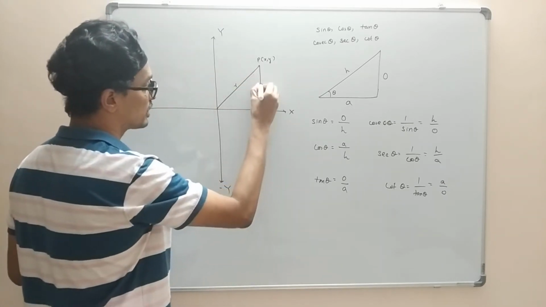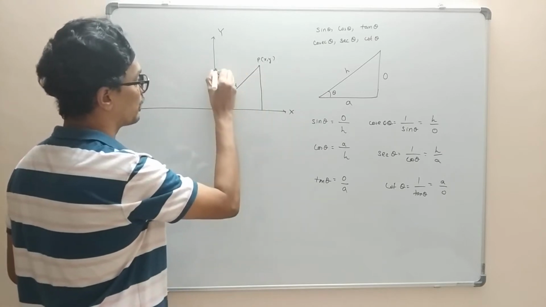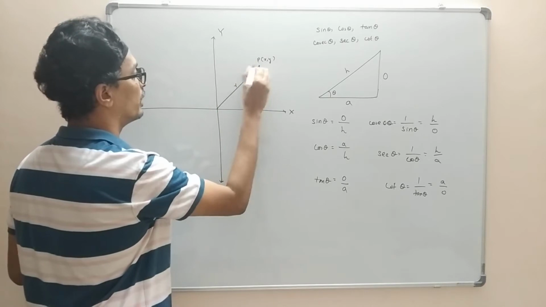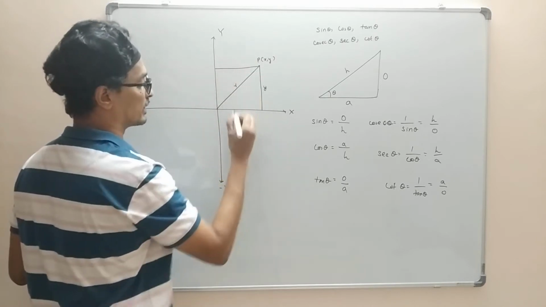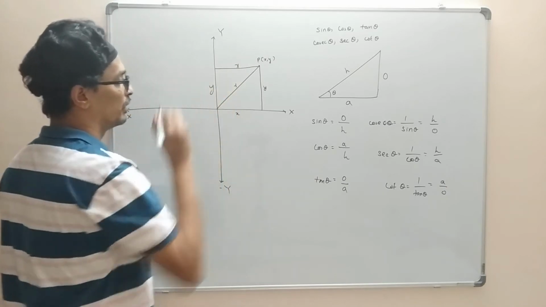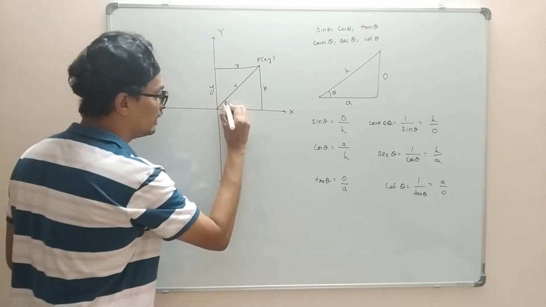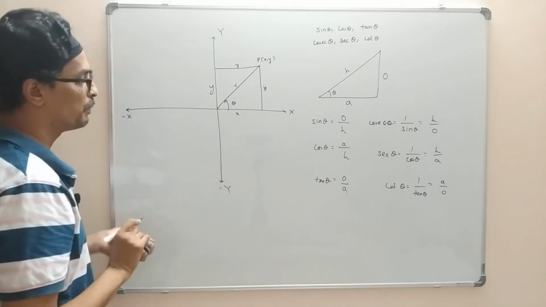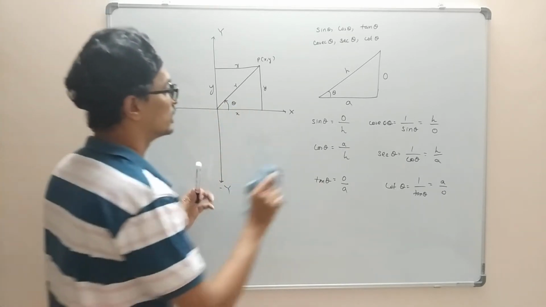So what will be this distance? This is your y. So this will be your y, and this one will be your x. Correct? Now we define the angle like this, a positive angle, theta.